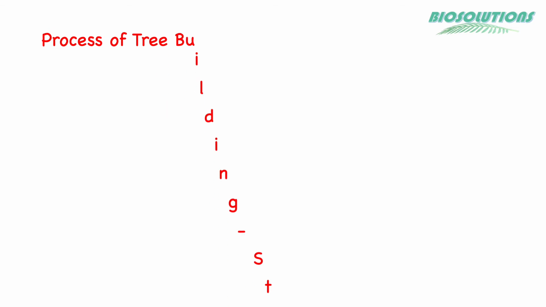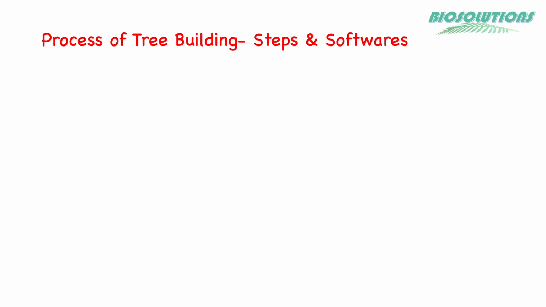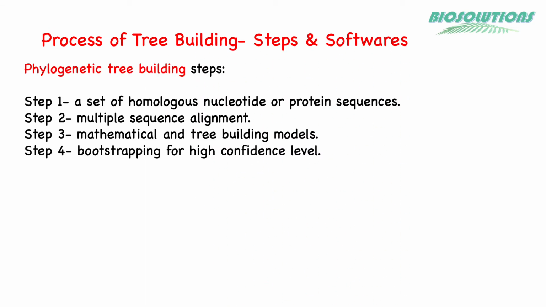Now let's have a look at the process of tree building and which softwares are available for tree building. Phylogenetic tree building involves the following 4 steps. Step 1. Acquire a set of homologous nucleotide or protein sequences. Step 2. Perform a multiple sequence alignment to align these sequences. Step 3. Use mathematical and tree building models to estimate a tree from the aligned sequences.